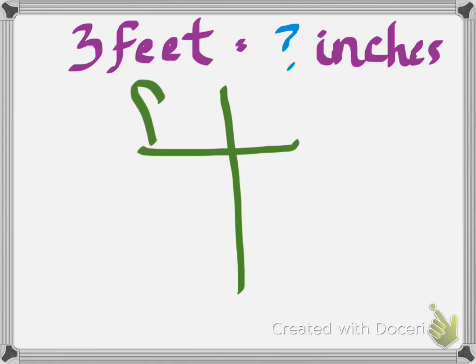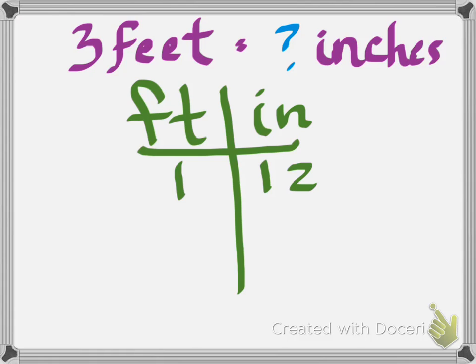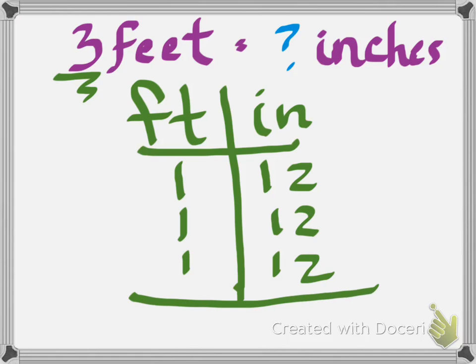We would have feet over here, and inches over there. 1 foot equals 12 inches. We need 3 feet, so we keep going. Another foot is 12 inches, and another foot is 12 inches. Now that I have 3 feet, I add those up, 1, 2, 3.